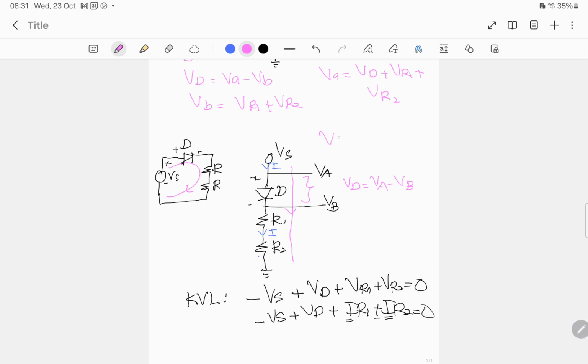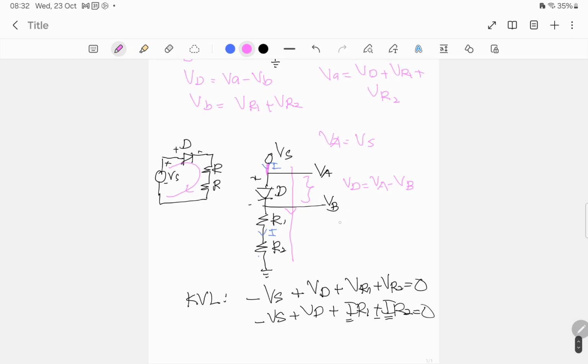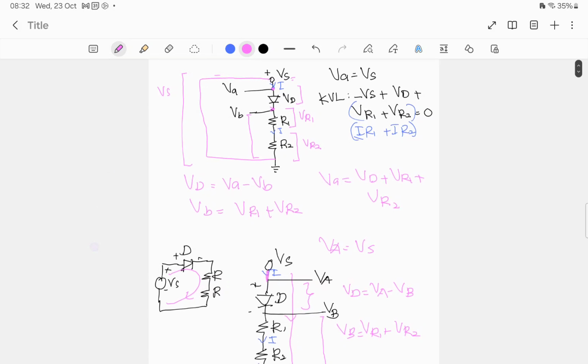If I write VA equals VS, correct? Because it is the same node, there is no element in between. And what is VB? VB is from here to ground: VR1 plus VR2. What else is there at the top? It is the same.